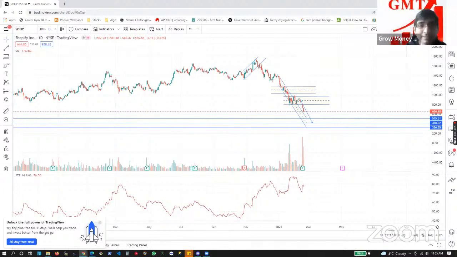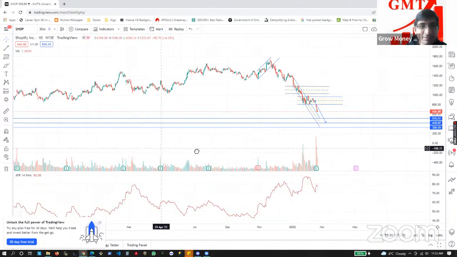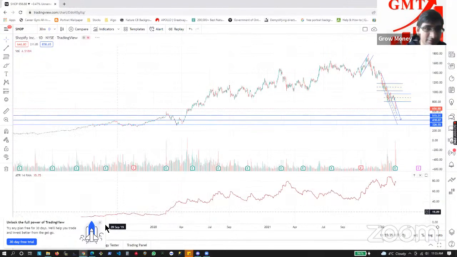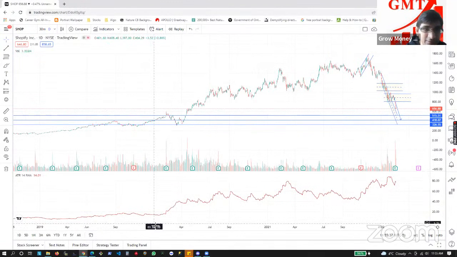And if you look at January 2020, it was around $300. And then by end of November last year, it had reached almost $1,700.